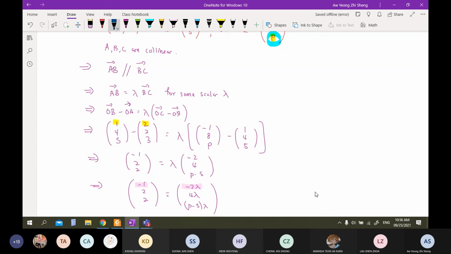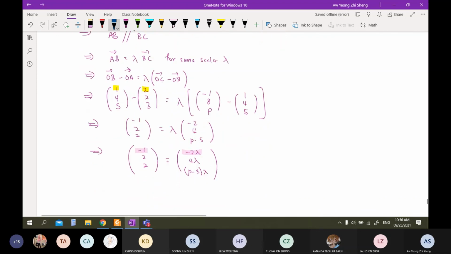The aim of this question is to solve for p, but the equation involving p also involves lambda. So it won't be helpful if you start by comparing the z component, because it will involve two unknowns. So you want to solve for lambda first, using either the x component or y component. So minus 1 equals minus 2 lambda, which means lambda equals 1/2.